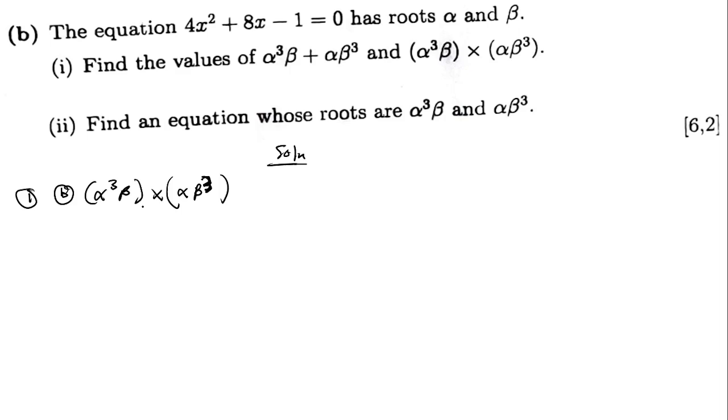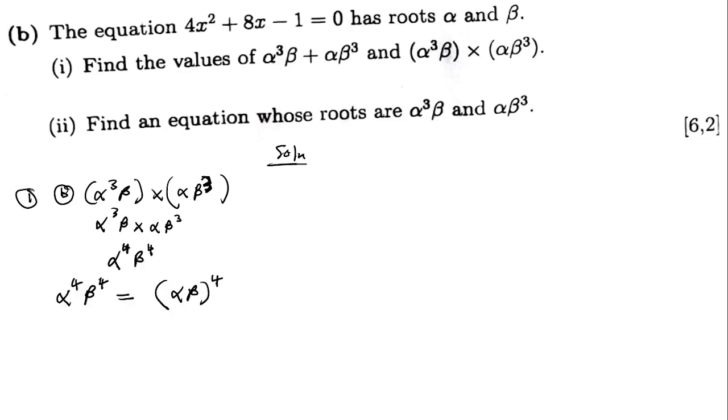So we have alpha cubed beta times alpha beta cubed. If you multiply that, you're going to have something like alpha to the power 4 dot beta to the power 4. Then that one, alpha to the power 4 beta to the power 4, can be worked on by simply saying open bracket alpha beta to the power 4.